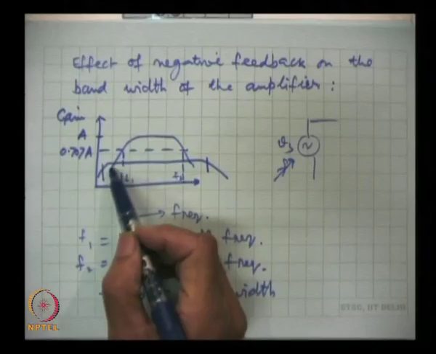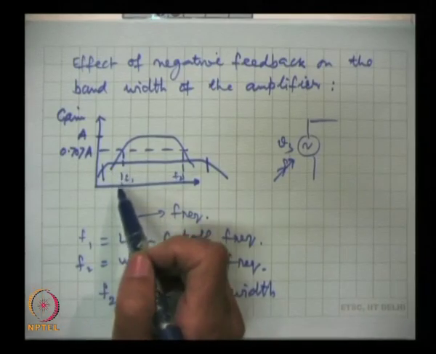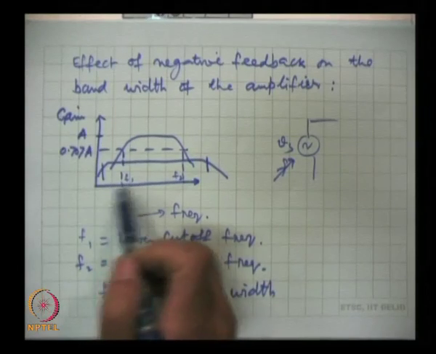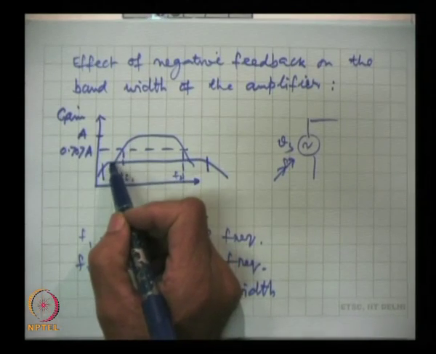You have seen in the feedback systems that the effect of negative feedback is to resist any change in the circuit. I repeat that the effect of negative feedback is to resist any change in the circuit performance. Now, this is the change in circuit performance. When we change the signal frequency, the gain is falling.